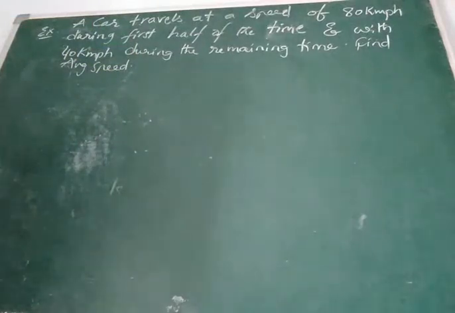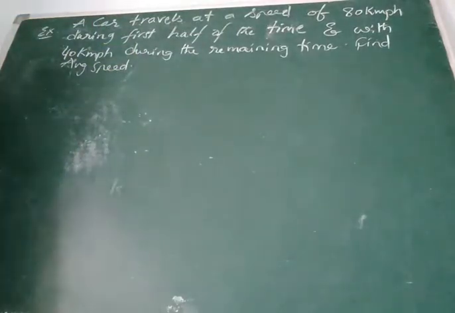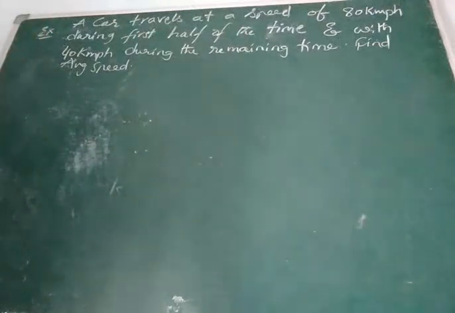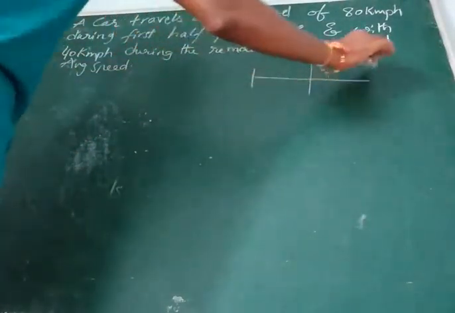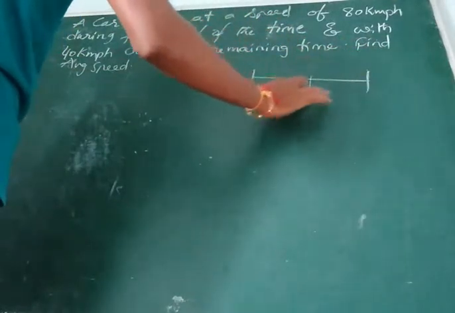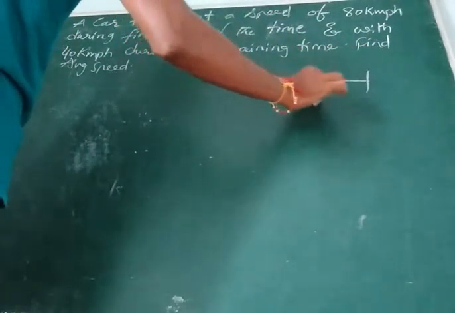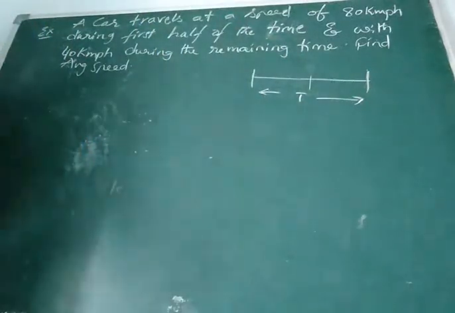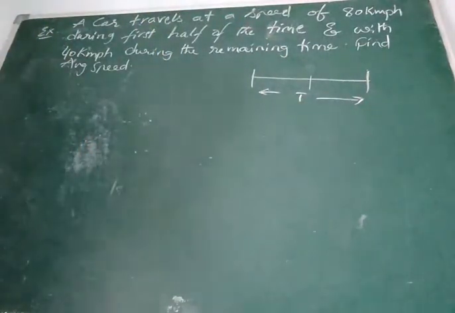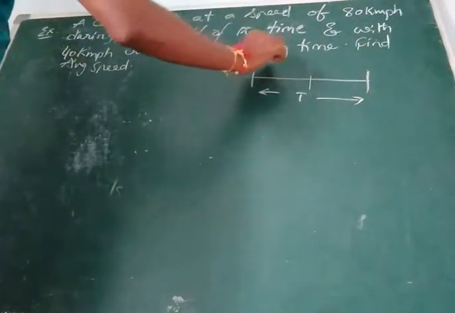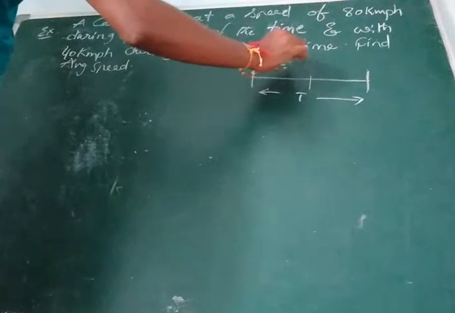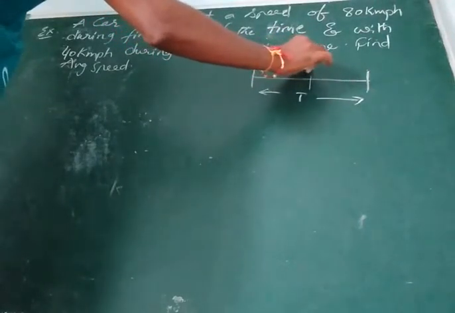Okay, so let's imagine we don't know the given data. It is the total time t. So for t by 2 it is equal to 80 km per hour.